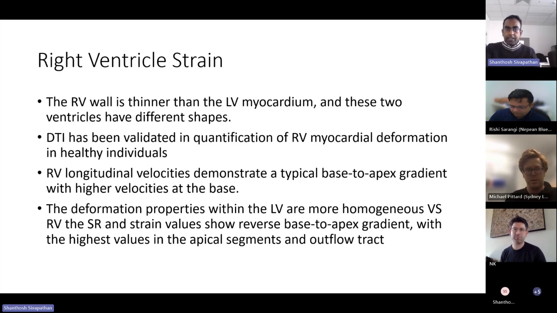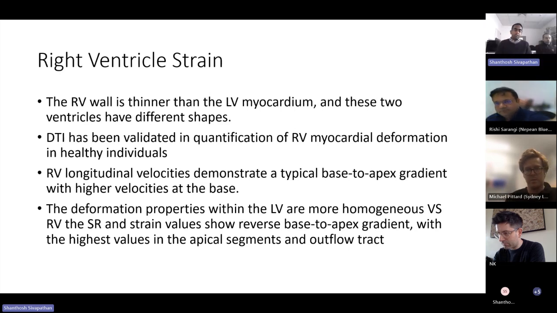There's also LA strain, which I think is another separate topic. Again, there are now packages for LA strain. The reason I mention LA strain now is that before it used to be predominantly for research purposes, but now, particularly in the BSE guidelines that were just released maybe a week or so ago, LA strain is used as part of a referee to help you in assessing diastolic dysfunction.